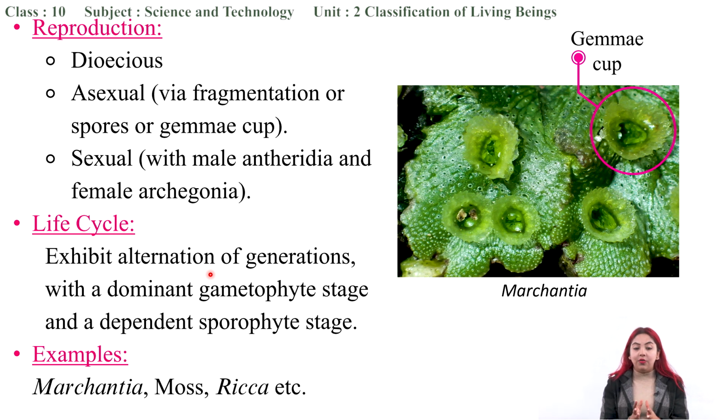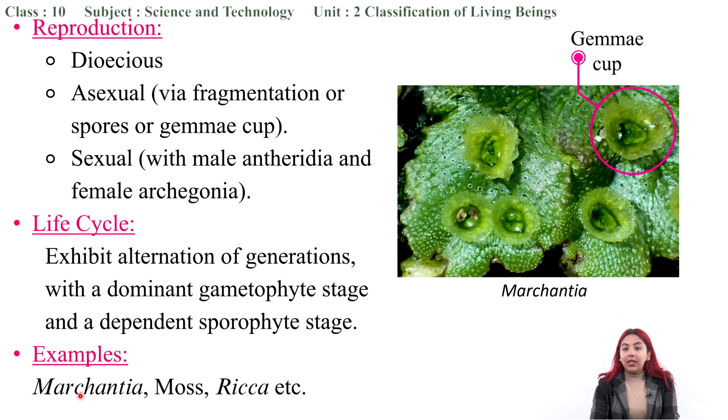In bryophytes the gametophyte stage is dominant over the sporophyte stage, because the sporophyte cannot exist without the gametophyte, and the gametophyte is present in most of the life cycle, while the sporophytic state is present only for a little time. That's why the gametophyte stage is dominant when comparing the two generations.